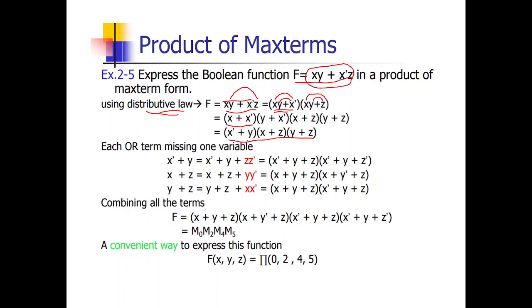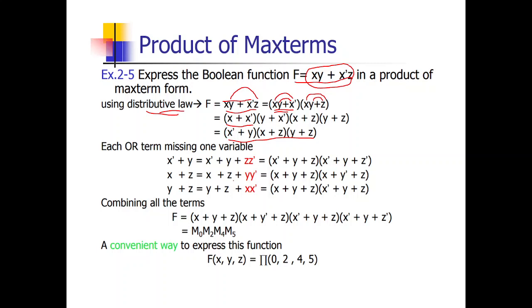In this x dash plus y the missing variable is z. So the missing variable z and term z dot z dash, that and term has to be ORed here. So again applying the distributive law, this becomes x dash plus y plus z into x dash plus y plus z dash.